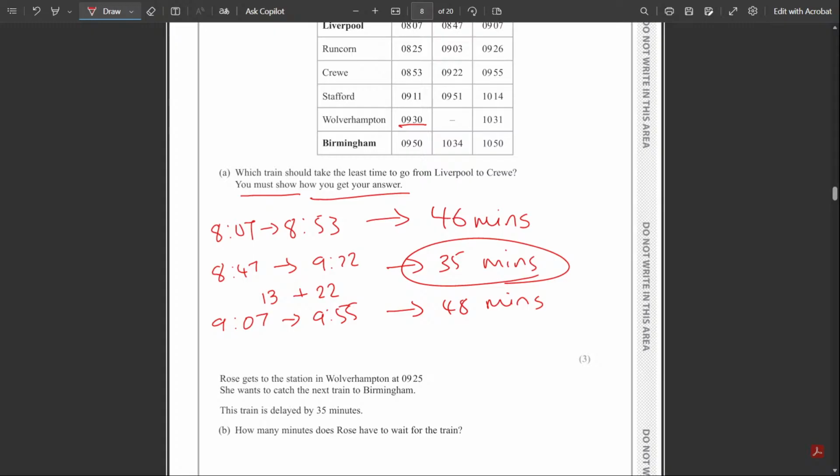How many minutes does Rose have to wait for the train? So one that's supposed to come at 9:30 is going to come at 10:05 because of the 35-minute delay, and 5 minutes from 9:25 to 9:30. So we got 5 minutes plus that 35 minutes. So she has to wait 40 minutes.